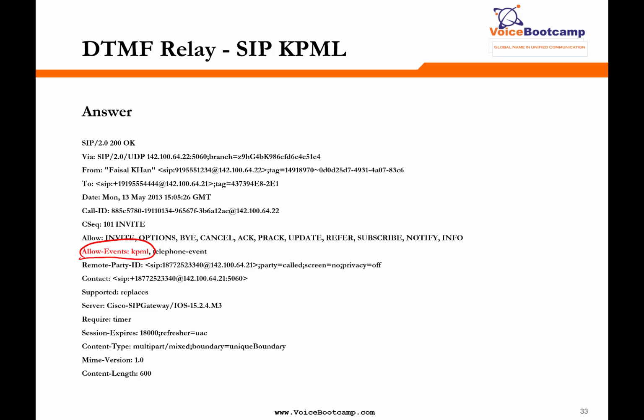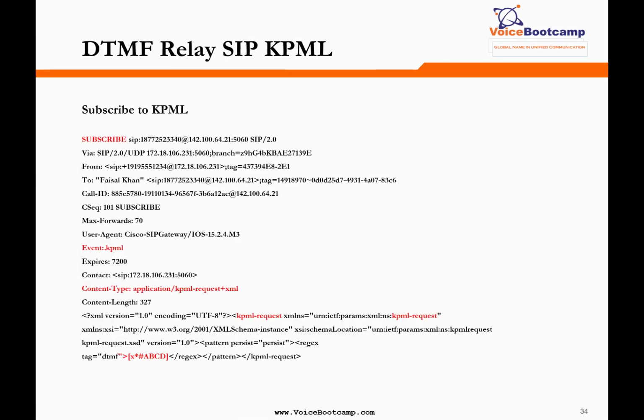Now KPML is kind of like sending a request and getting a response. So when you're sending a KPML packet or digit DTMF, the first thing that the phone has to do is subscribe to it. It has to send a subscription to KPML, meaning requesting to use KPML.